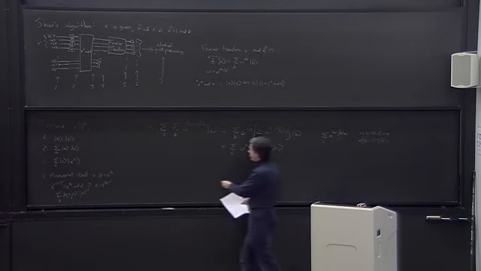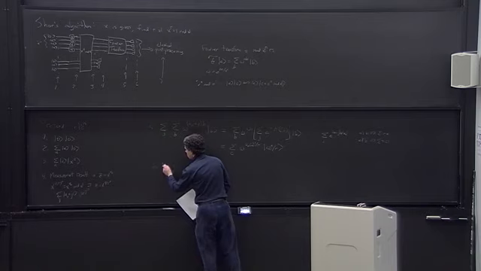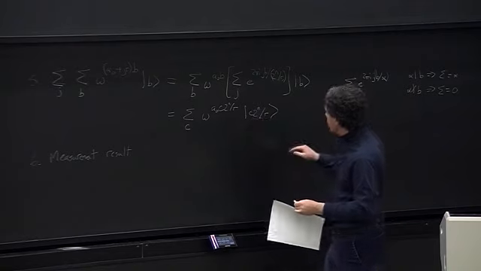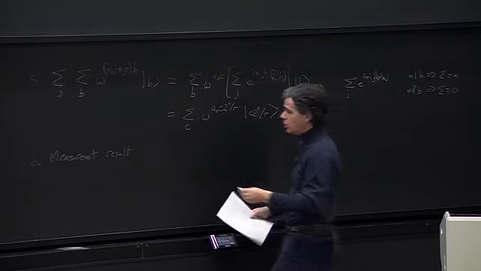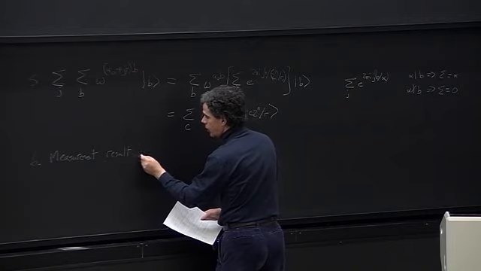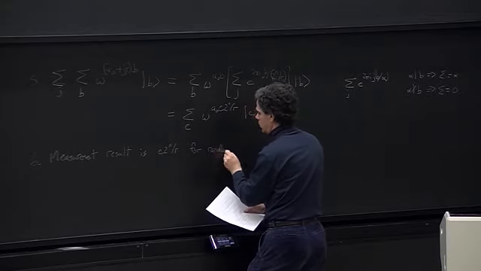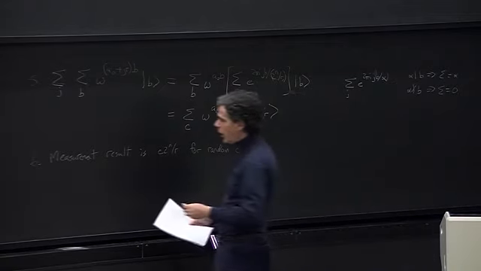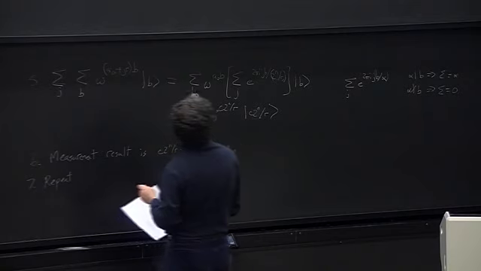OK, so once we have this, then step 6, we measure it. The measurement result will be one of these values. We have a sum over different values of c, so we'll get one at random. And then the post-processing, I guess it's maybe not fair to call it classical post-processing.